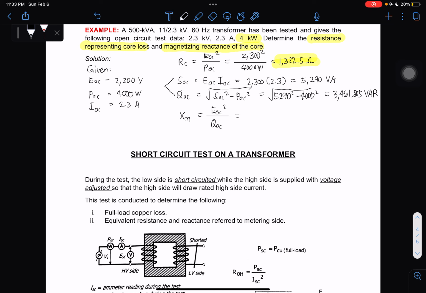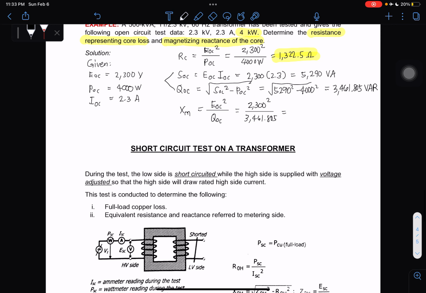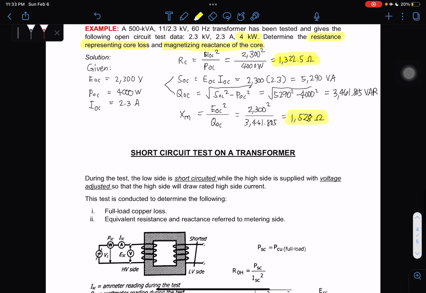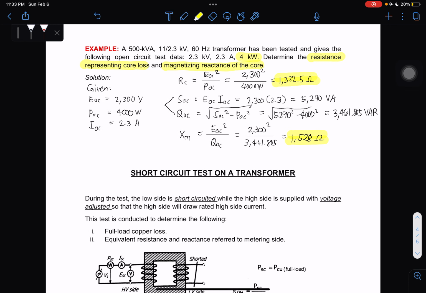So EOC is 2,300 squared divided by QOC nga 3,461.805. So our magnetizing reactance of the core is 1,528 ohms. So this is our final answer sa atong problem sa open circuit test. So very easy lang siya, no?